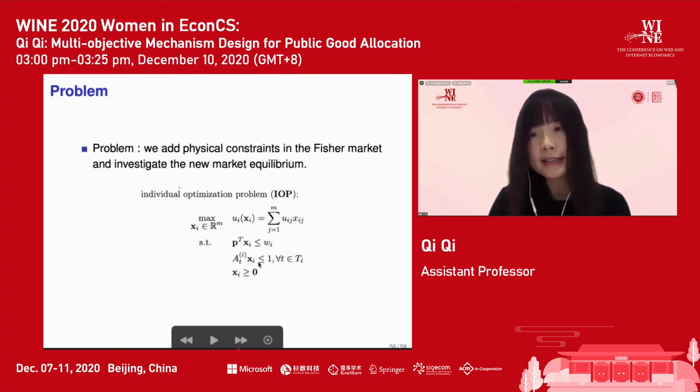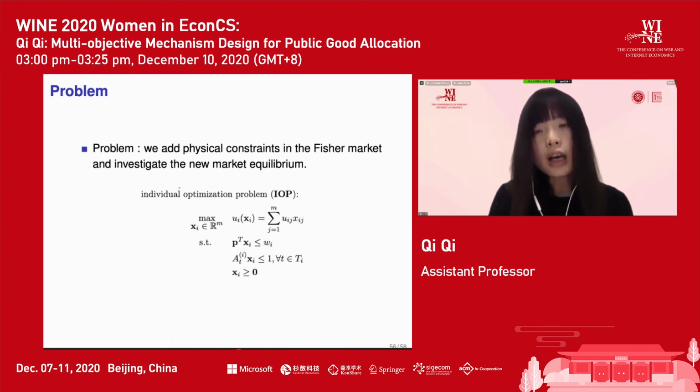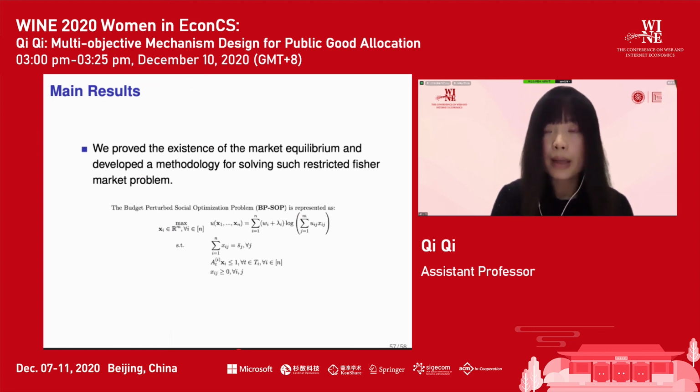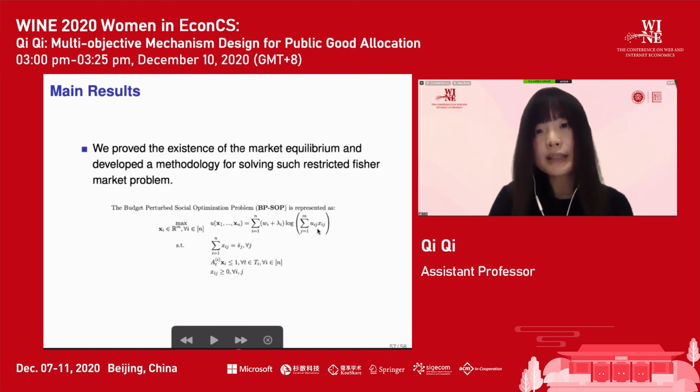This is already normalized. After adding this new constraint, we found the problem is totally different from the traditional Fisher market. The characterization of the optimal solution is different, and the social problem also changes. Before, we had a very good social problem corresponding to it, so we could quickly solve it. But now, it becomes different.